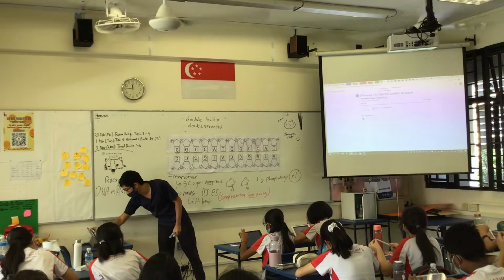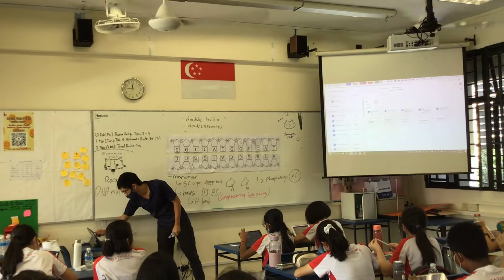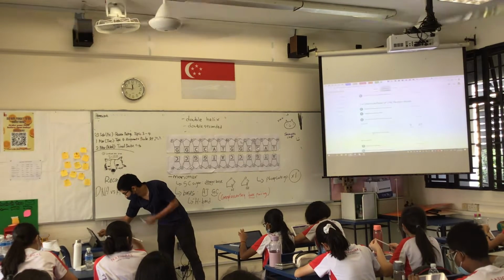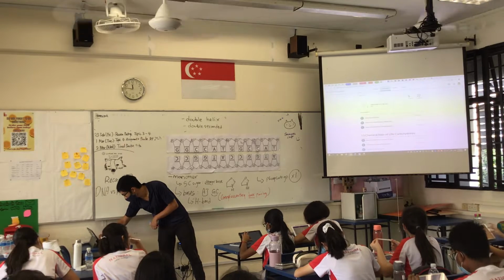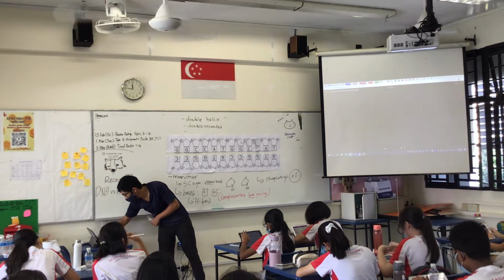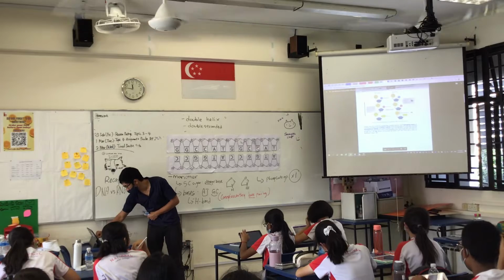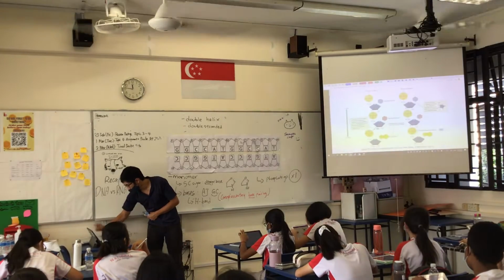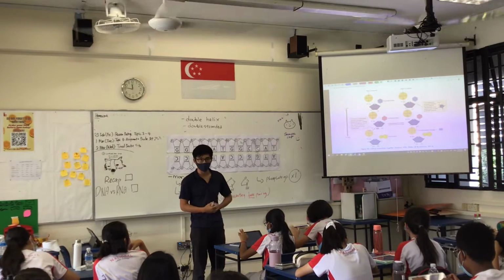Where can you find the information you need? If you go into your Google Classroom, open up your notes. If you scroll down to this particular page, page 2 of your notes shows you how the nucleotides bond with each other.